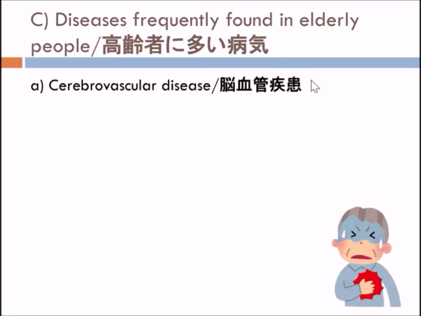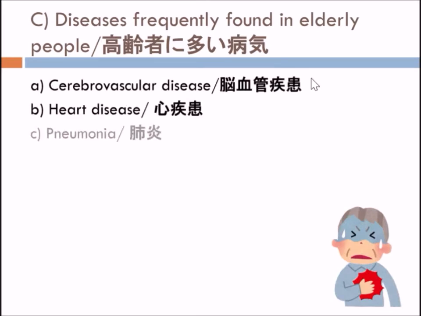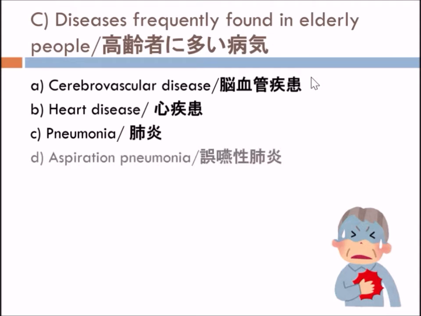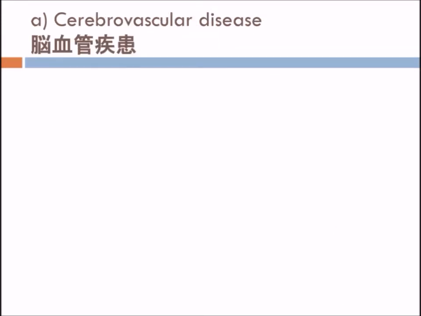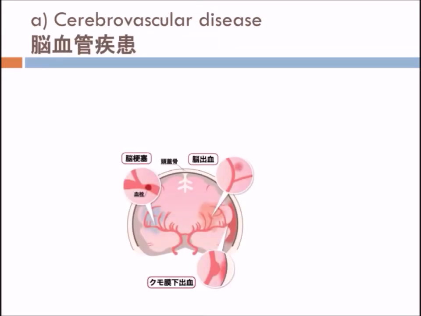Diseases frequently found in elderly people: cerebral vascular disease, heart disease, pneumonia, aspiration pneumonia, diabetes, osteoporosis, rheumatoid arthritis. Cerebral vascular disease refers to disorders of the brain blood vessels.